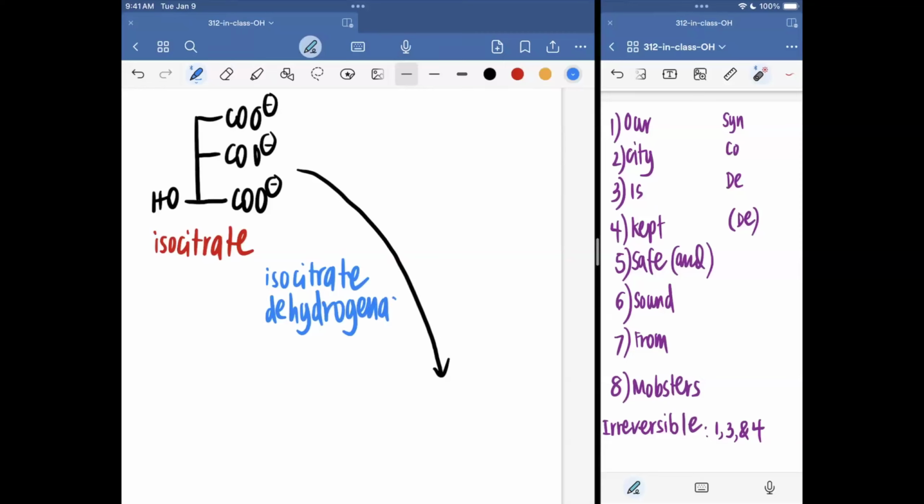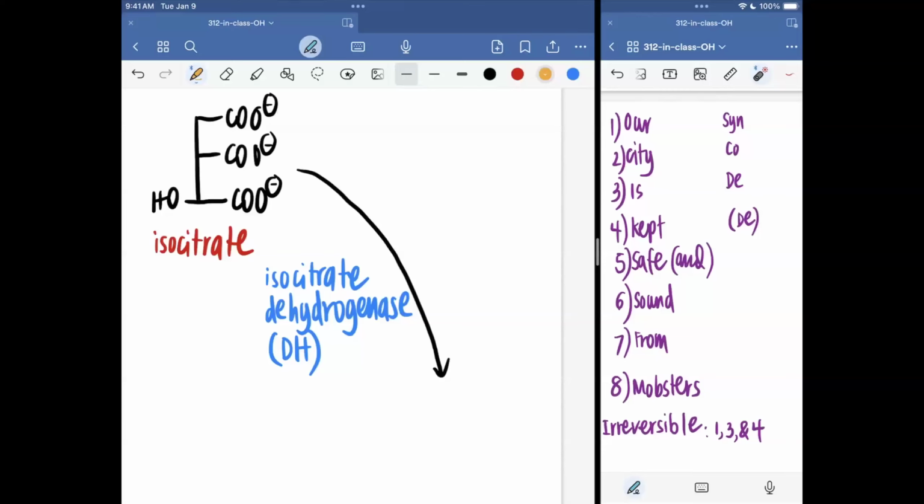And to save ourselves some time downstream, we have a lot of dehydrogenases in this pathway. I'm going to define DH as dehydrogenase so that you can also use that as you are learning your reaction mechanisms and reaction schemes. So in this process, dehydrogenase is hopefully jogging in your memory that we are removing hydrogens.